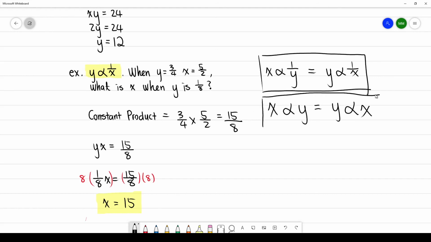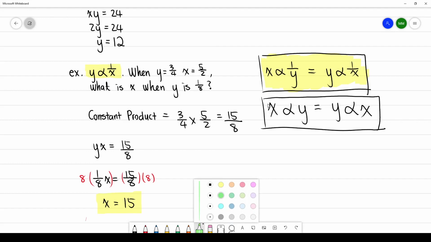They mean the exact same thing. So I'll highlight this. Okay. So that is it for today.